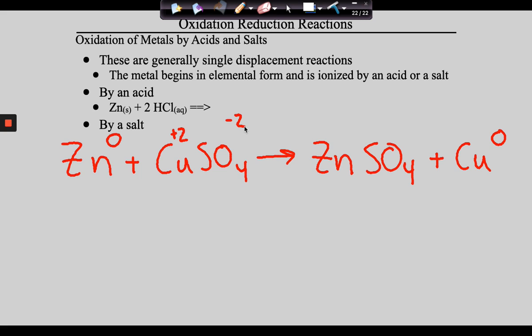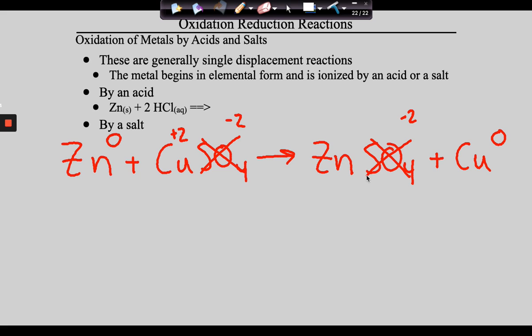And the answer is no. It's a spectator. Guys, sulfate stays intact. It doesn't change. Because it doesn't change, we know that its oxidation numbers are not changing, and that also makes it a spectator. So we don't have to muck around with sulfate because it's a spectator.